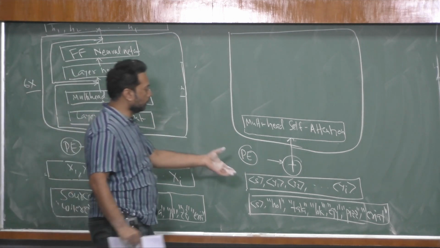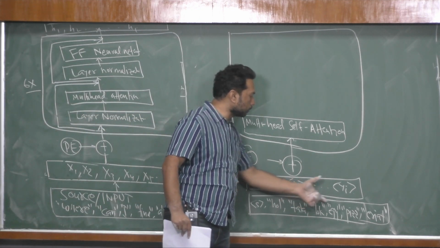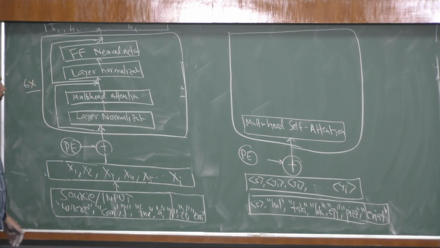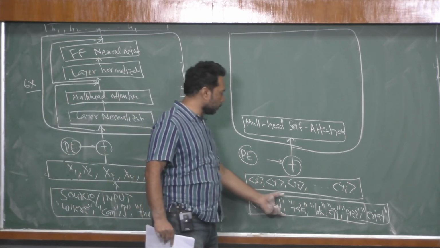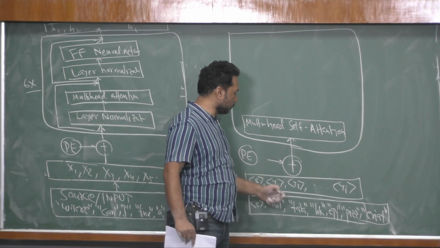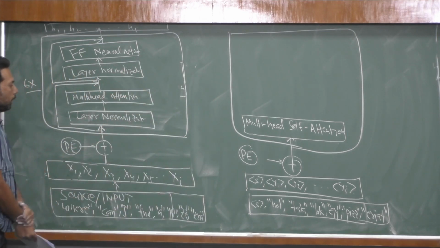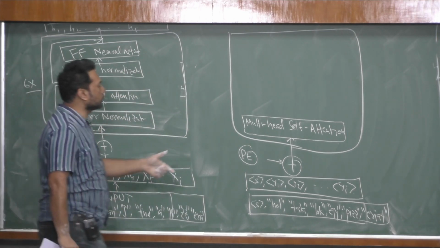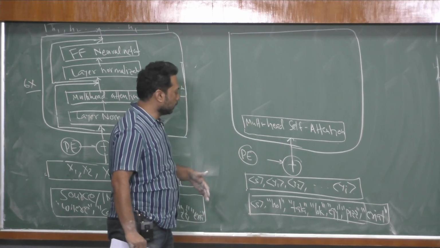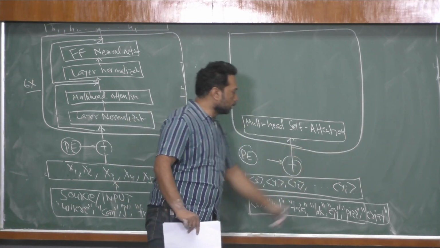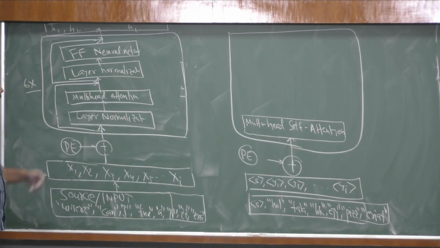Basically it will start cheating. It's not learning, it's just relying on the fact that the translated word is already given to it. But these translated words are only for you to do the teacher forcing and make the network learn, not to provide as is. So that's why we need the concept of masking, in the sense that we mask out the future tokens that are supposed to be produced.